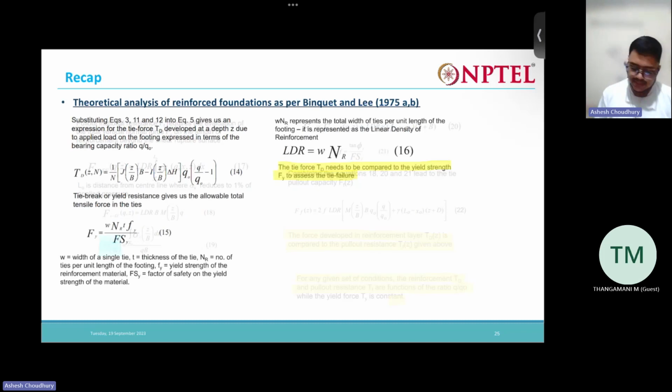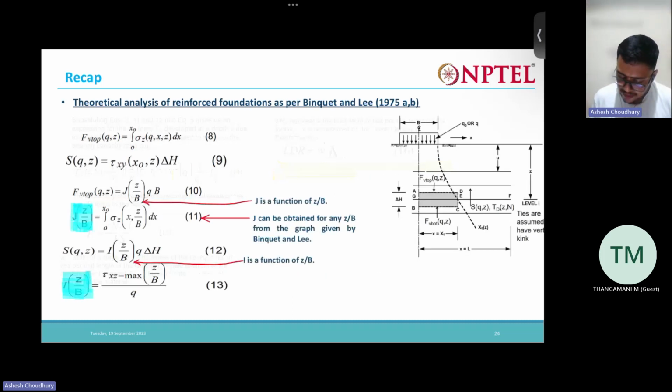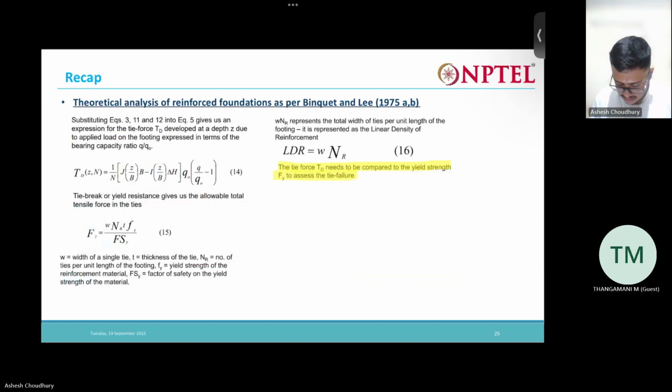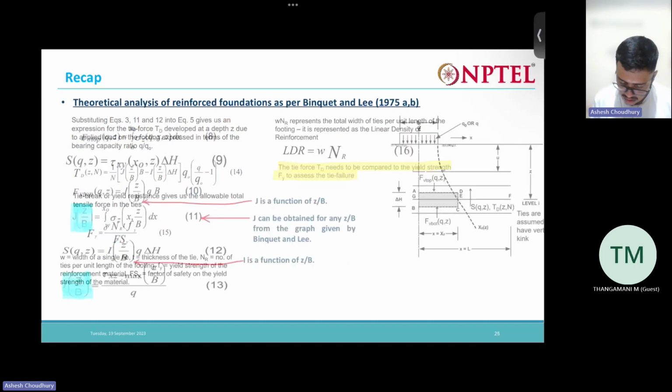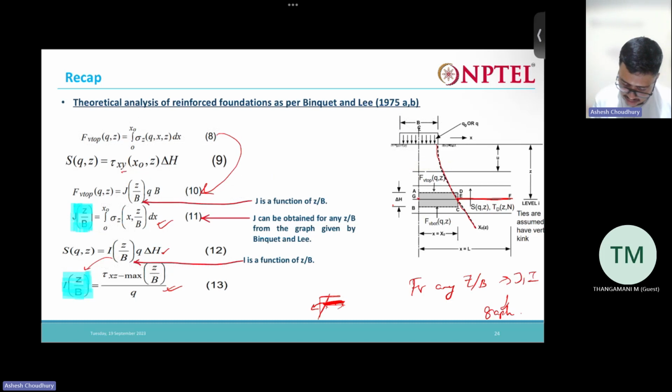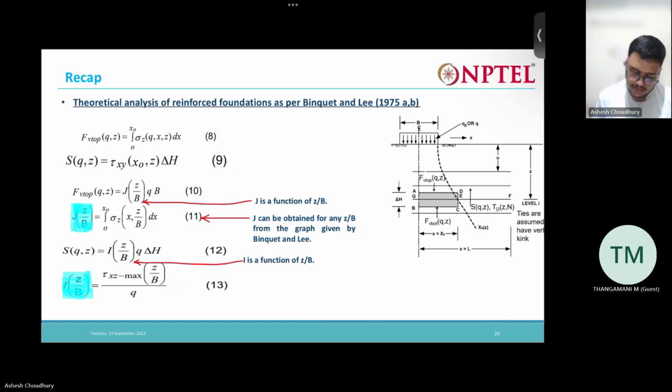The vertical pressure, integrated from X naught to L naught. Say up to here it is X naught and here it should be L naught. From here to here we are integrating.